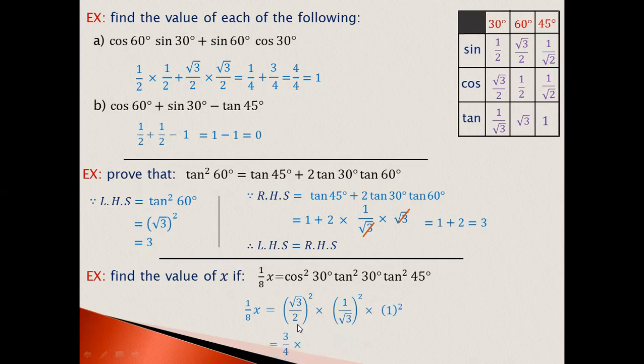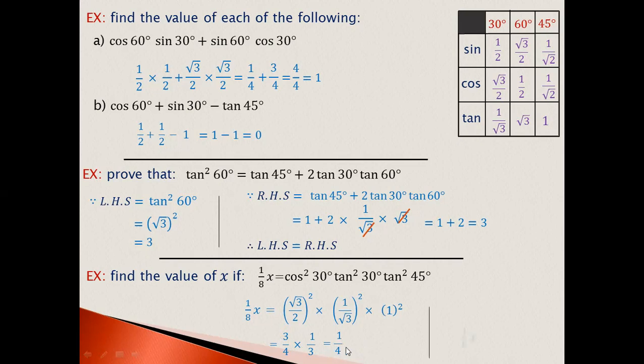Root 3 over 2 power 2. We can distribute the power over the numerator and the denominator. Root 3 power 2 equals 3 and 2 power 2 equals 4, times 1 power 2 equals 1, and root 3 power 2 equals 3, times 1 power 2. Now we can cancel root 3 with root 3, then the final result is going to be 1 over 4.